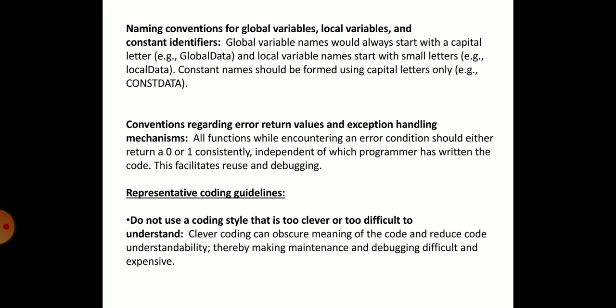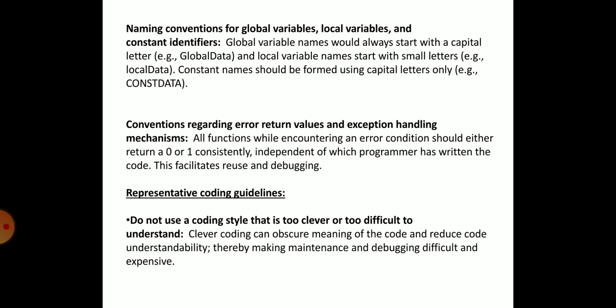The general convention of returning an error value is that the function may either return a 0 or 1 consistently, independent of the programmer or independent of which programming language is used. It is a general convention to use this mechanism of error return values, either to return 0 or to return 1. So the way error conditions are reported by different functions in a program should be standard within an organization.